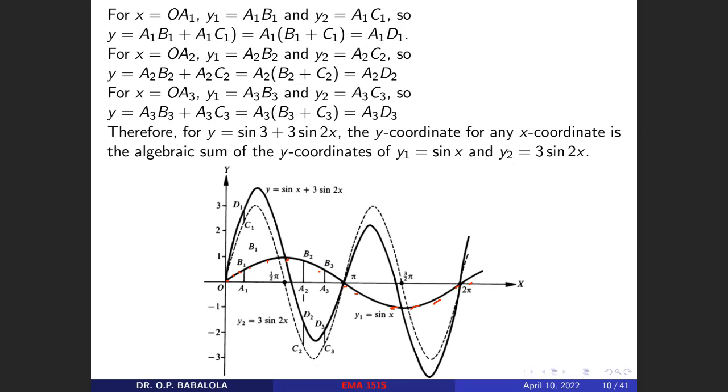Can we see it? The value for x at 0, A1 is at A1, B1 here, this line. Now let's do it for y2. Y2 will be A1, C1.